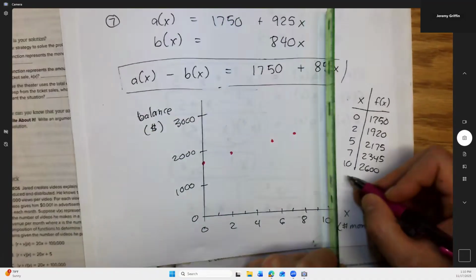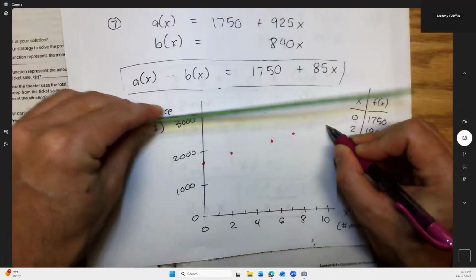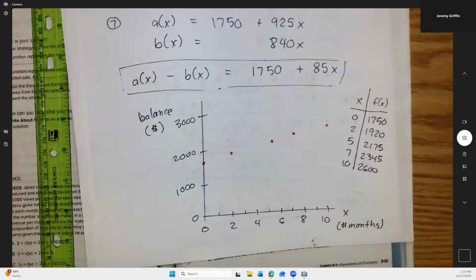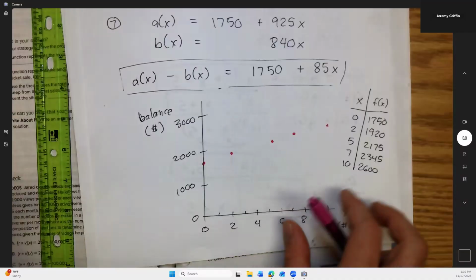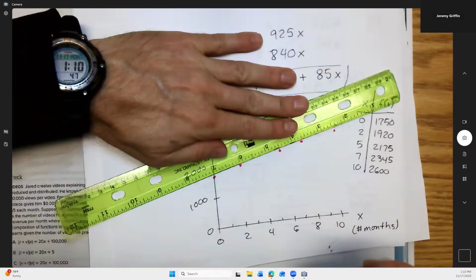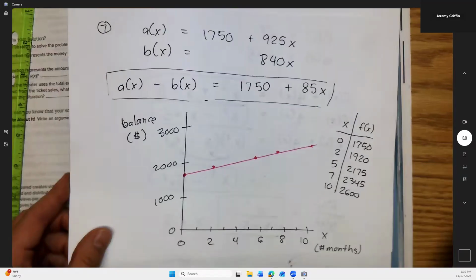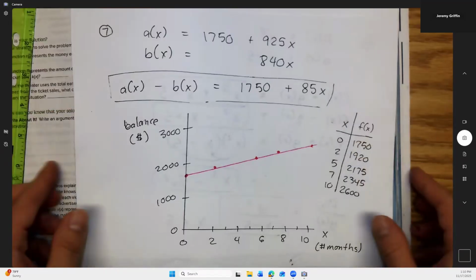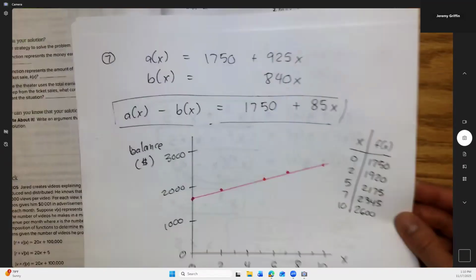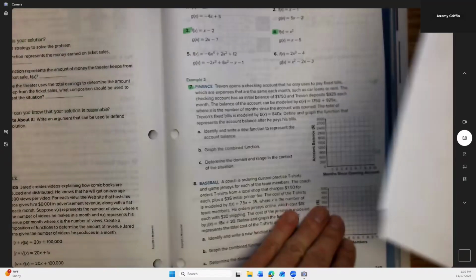And 10 months, 2,600. Right there. And what it's looking like is that all these points line up in a straight line. They should, because it's a linear relationship. That's exactly it. So you got a difference of functions. That's a good example there.